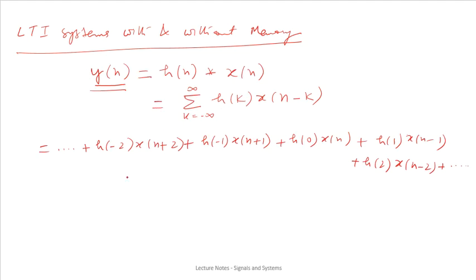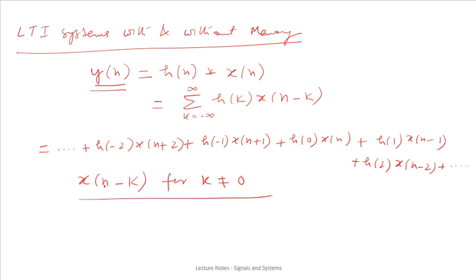So what does this mean? It cannot depend on the term x[n minus k] for k not equal to 0.